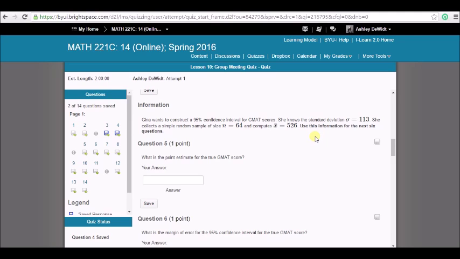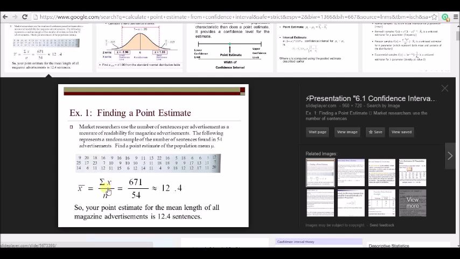Let's see what the formula for that is, though. So I basically Googled how to do it. And it has that Greek sigma looking thing next to x divided by n.